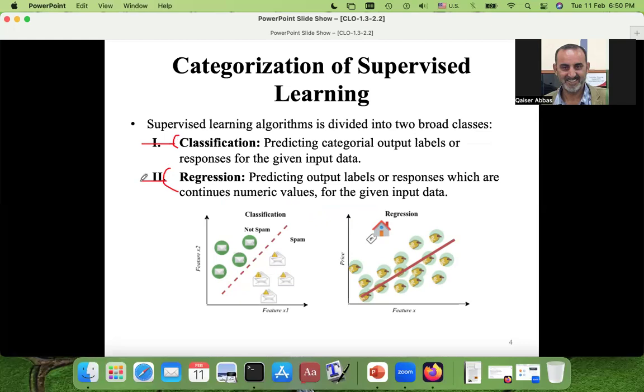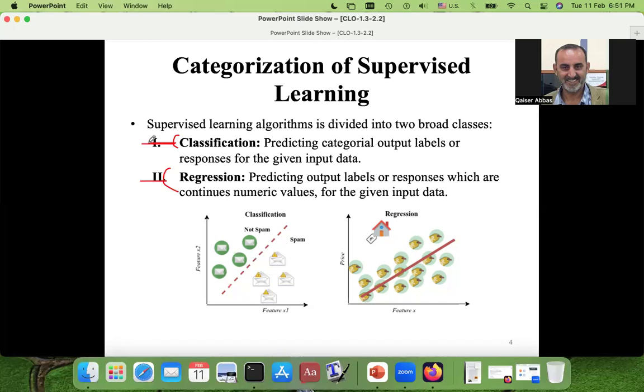All the algorithms that we are going to see, first is logistic regression. Logistic regression is mainly for classification, but you can also use it for regression. Depending on the case, but mainly it is for classification.